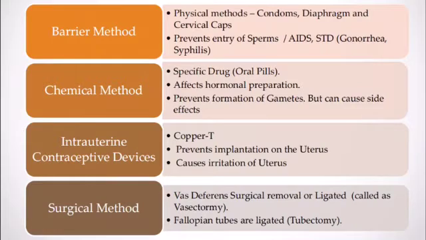Next is the intrauterine contraceptive devices. These are contraceptive devices made up of copper, plastic, or stainless steel. One of the commonly used devices is the copper T. It prevents implantation in the uterus, and it causes irritation of the uterus.